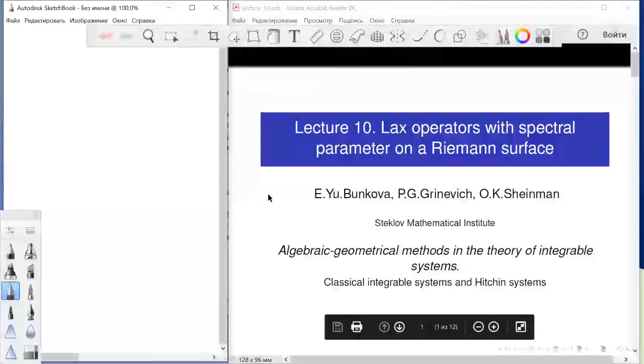And let me start with the notion of Lax operator with spectral parameter on a Riemann surface.